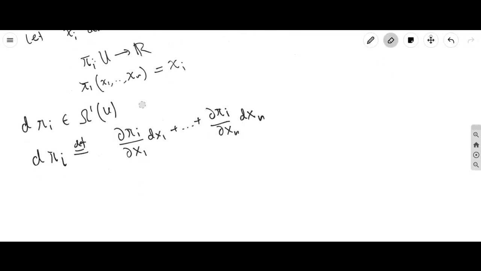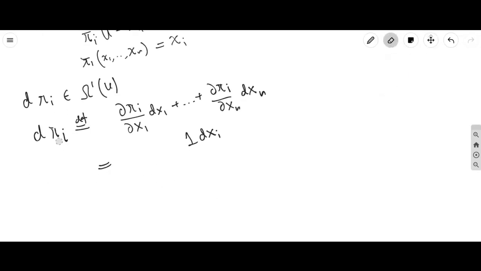And because this is the ith projection function, all of these partials are 0, except when you're taking the ith partial. So this is just going to be 1 times dxi. All of the other ones are going to be equal to 0.